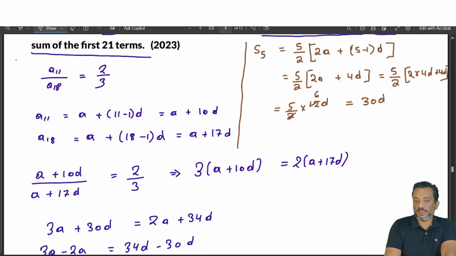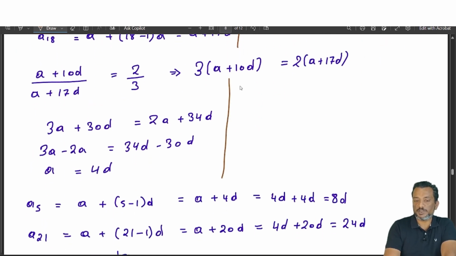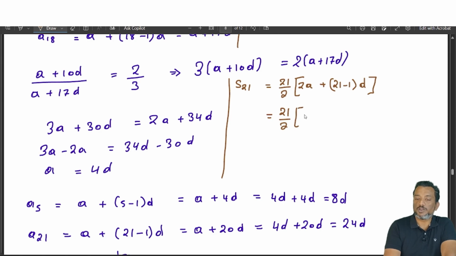Same way we can find the sum of the first 21 terms. So S21 is equal to 21 over 2 times (2a plus (21 minus 1) times d). Okay, so you will get 21 over 2 times (2a plus 20d). Now again substitute 4d in the place of a.